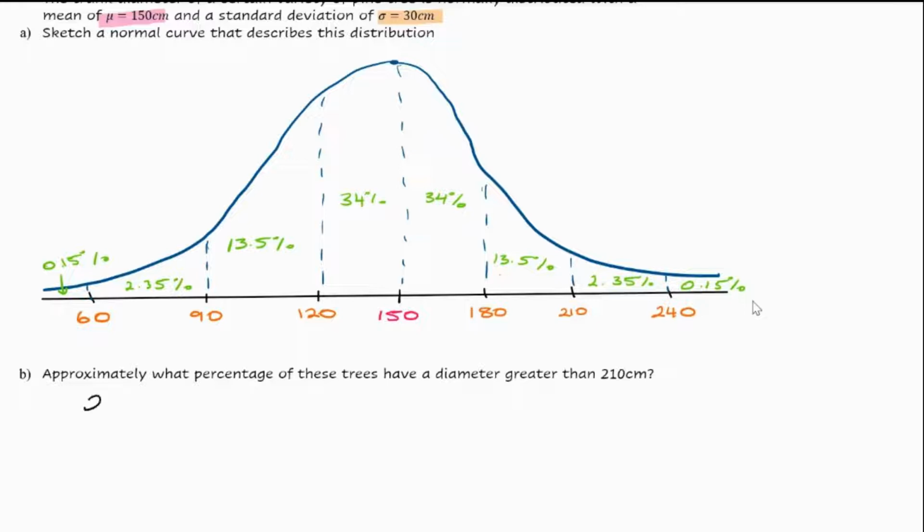So the percentage is going to be 2.35 plus 0.15, which should give me 2.5%. So this is the percentage of trees that has a diameter greater than 210 centimeters.